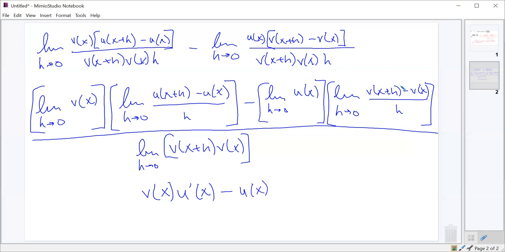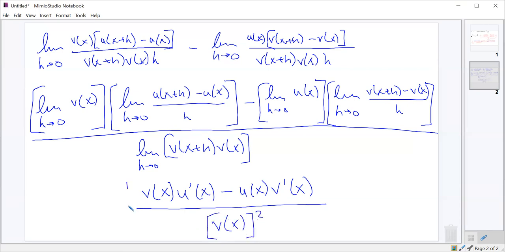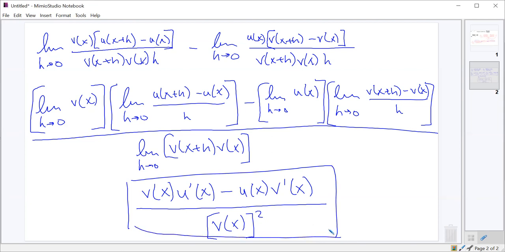And the limit as h approaches 0 of the difference quotient of v of x plus h minus v of x over h, which is the derivative of v or v prime, all divided by, as we do the limit as h approaches 0 of v of x plus h, that's v of x, and then times another v of x is v of x squared.